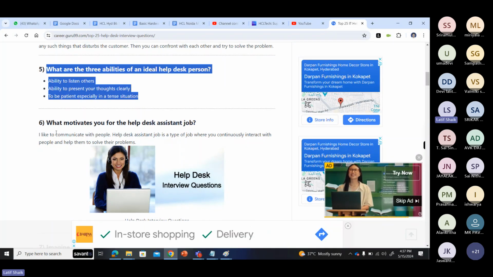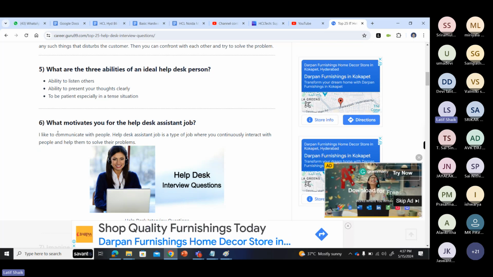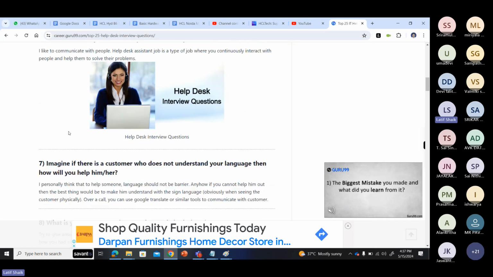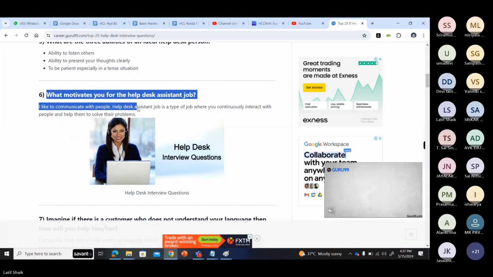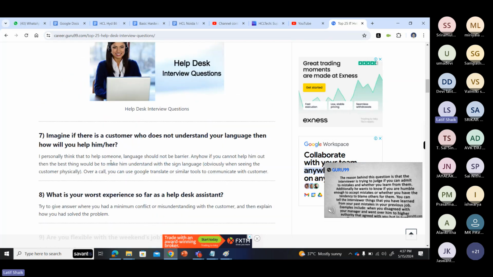Now it is a problem, a tense situation, right? Or maybe 100 users are trying to log into the system and are unable to log in. It's a tense situation. So how do you handle that kind of thing? Different types of situations are there.